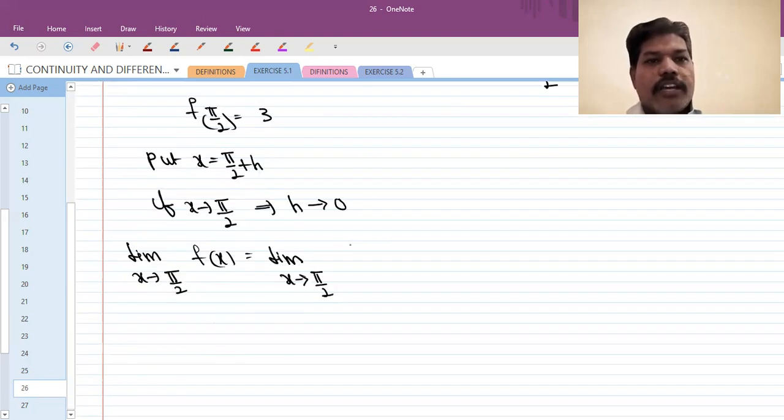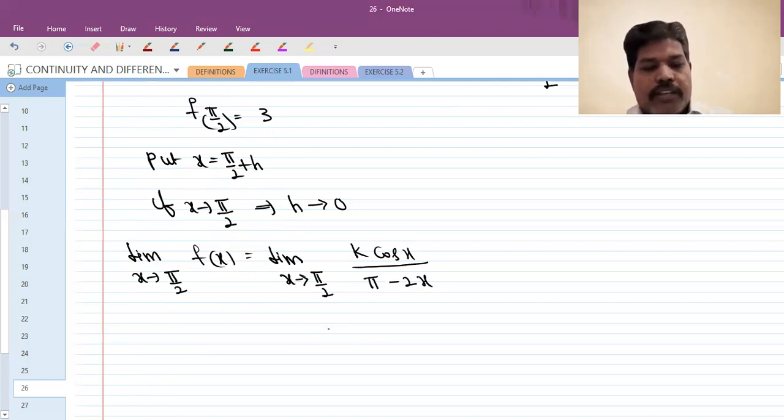If x reaches pi by 2 from the left side or right side, meaning x is not equal to pi by 2 in that case, automatically f of x becomes k into cos x by pi minus 2x.